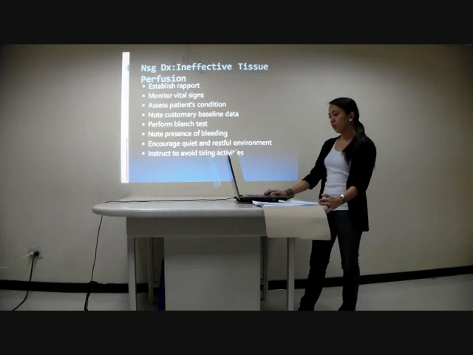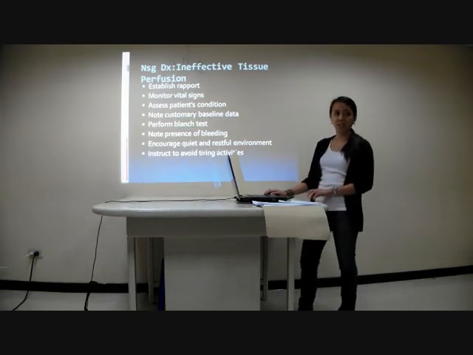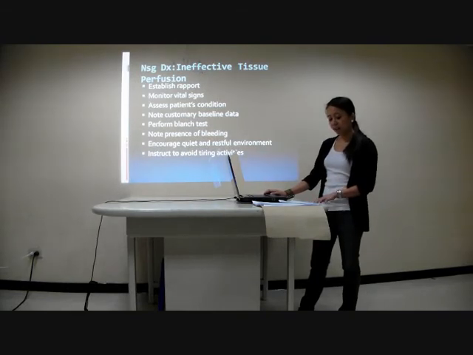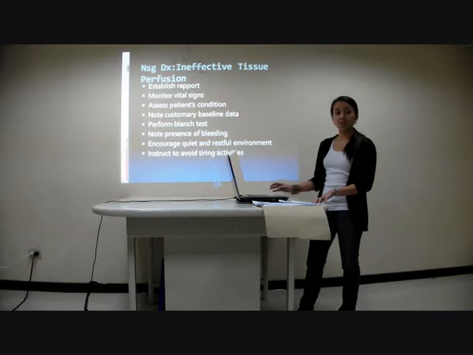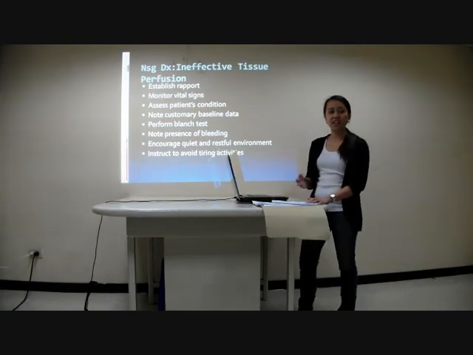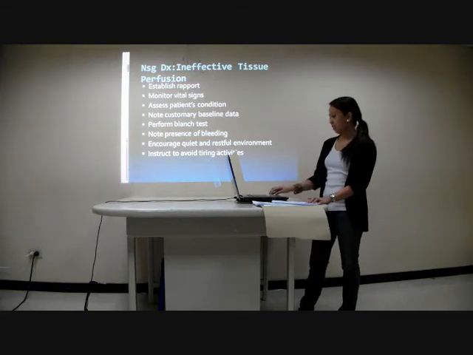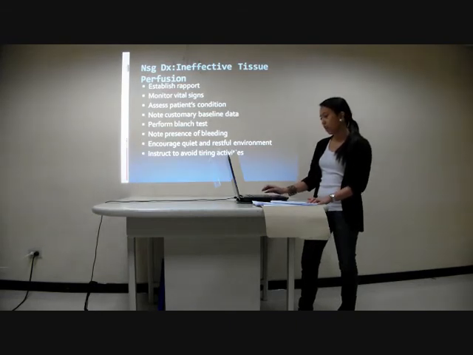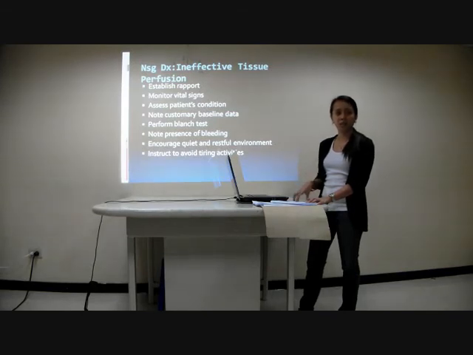Then we monitor vital signs, for us to have baseline data as nurses. Then assess the patient's condition and the contributing factors involved. Kung ano na ba yung nangyayari sa kanya every now and then, for us to become updated as well. We also note the customary baseline data so we can have a comparison from the previous up to the present data.